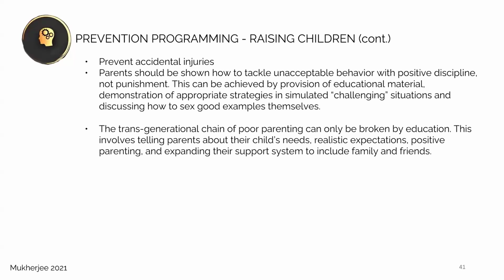We can break the generational traumas that they may be experiencing by supporting parents in being attuned to their child's needs, having realistic expectations, encouraging positive parenting, and expanding their support systems to include families and friends.